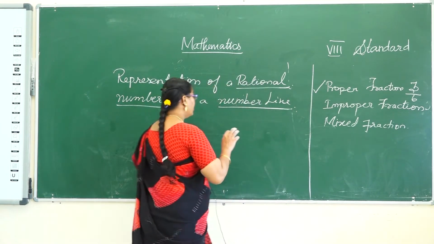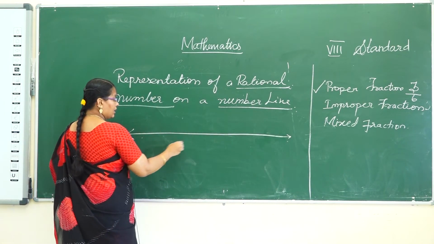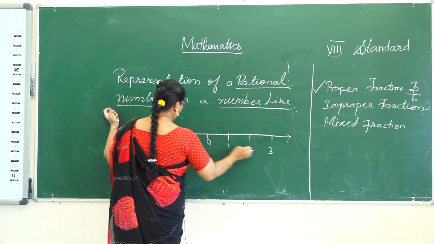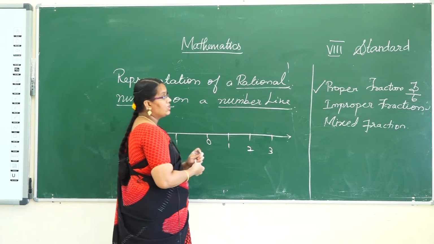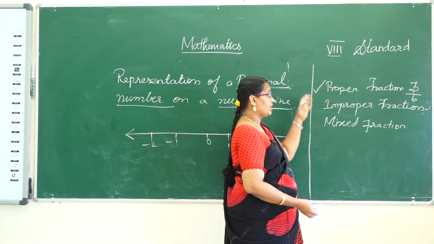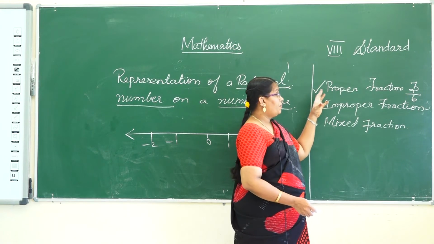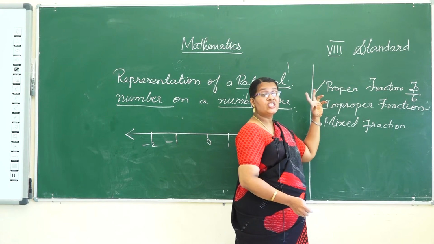First draw the number line: 0, 1, 2, 3, minus 1, minus 2. If the given rational number is a proper fraction, it should lie between the interval 0 and 1.